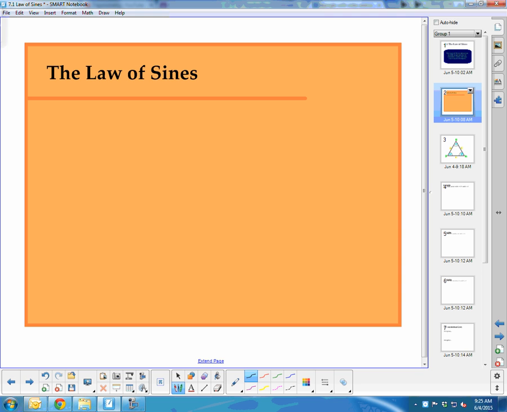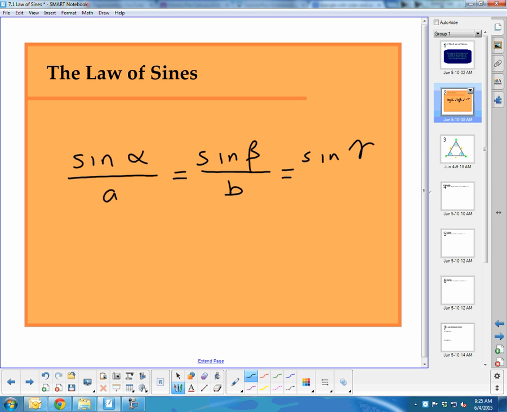So the law of sines is going to say that sine of alpha over side a is equal to sine of beta over side b is equal to sine of gamma over side c.